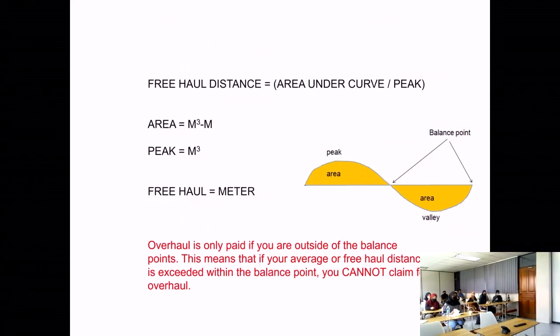Say the average you got was 20 meter. So 20 meter here, 20 meter here. But remember, some curves are small, so 20 meter can go further, so that is all free. Some have only 20 here. The rest is overhaul. Here there is no overhaul, here there is overhaul. So that is the overhaul, which is only paid if you are outside of the balance point.